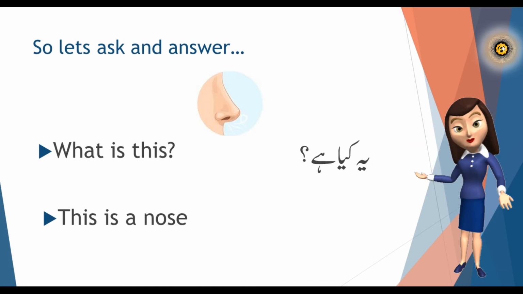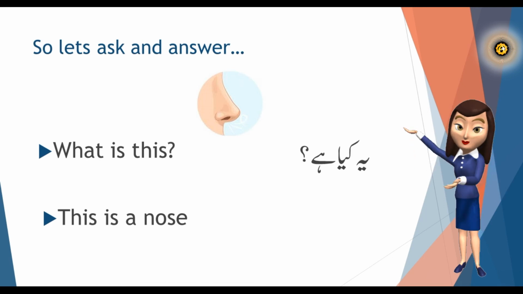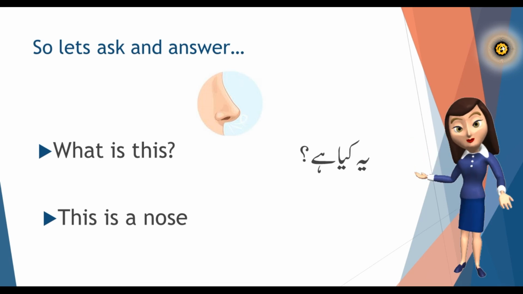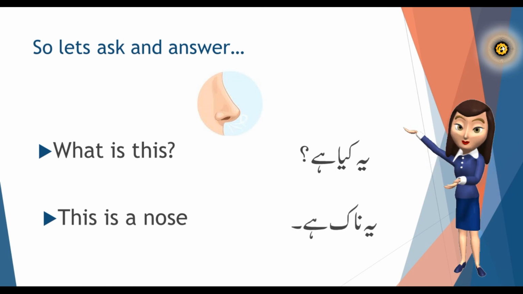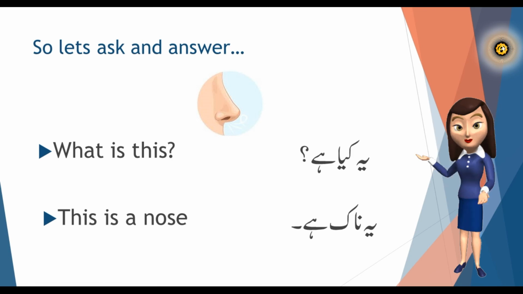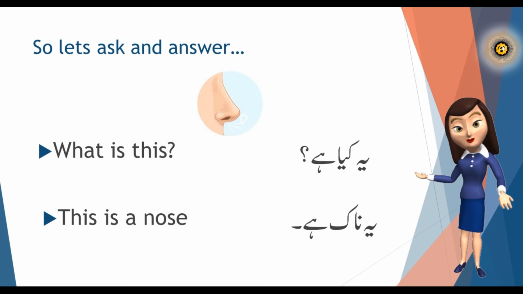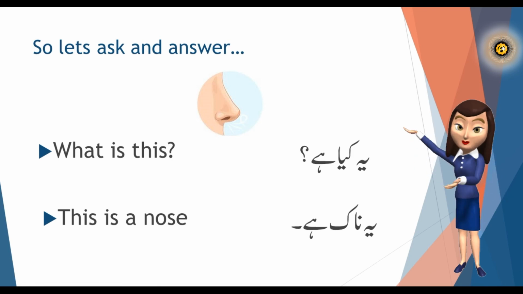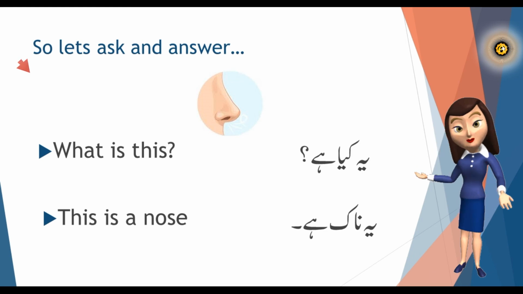Of course, we sometimes just reply and say nose. That's fine. But because we are practicing, say the full sentence, okay? This is a nose. And in Urdu it is ये नाक है.